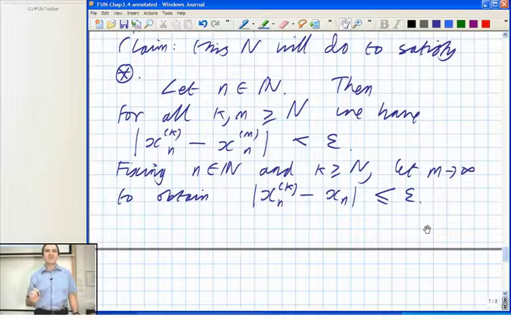Now I fix k greater or equal to capital N, and now I take the supremum over n.